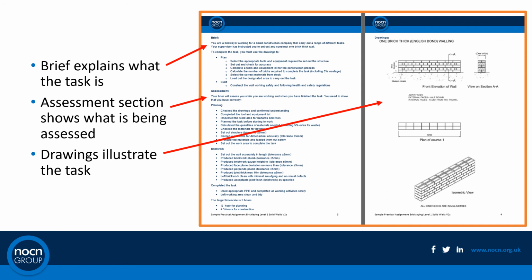So, some of you will possibly recognize some of these drawings, but essentially what we've got here, digging into the sample assessment pack, is a brief which explains what the task is, an assessment section which explains what is being assessed, and that's laid out nice and clearly in bullet points for the planning, the brickwork, and the completed task, and also drawings again to illustrate the task.